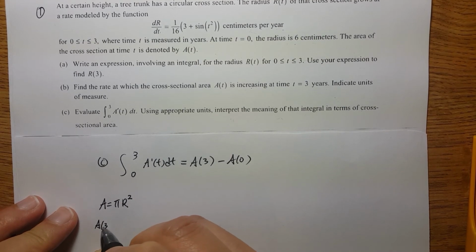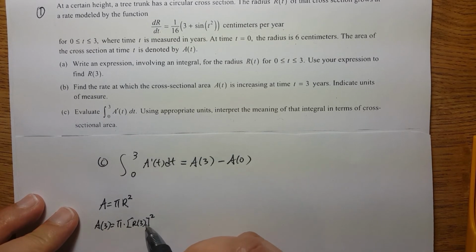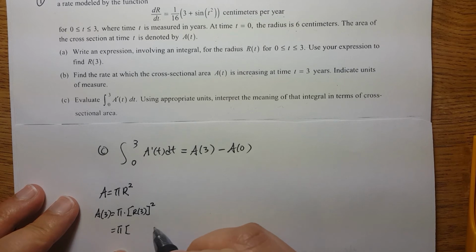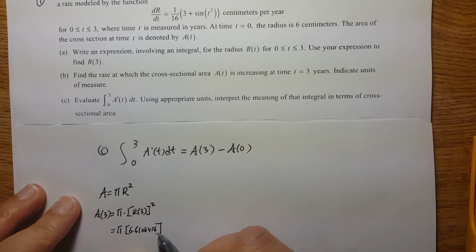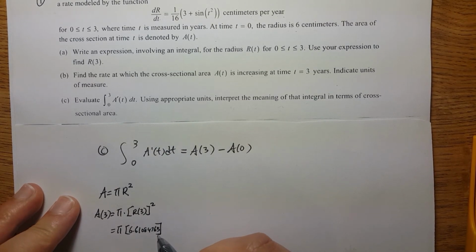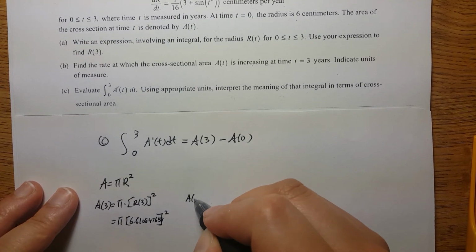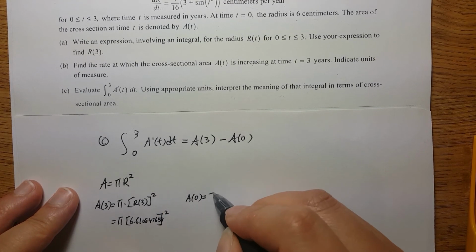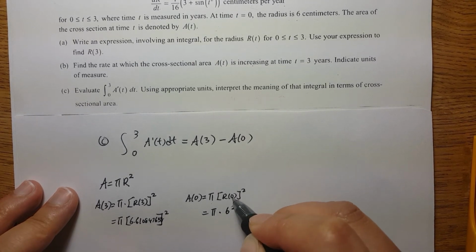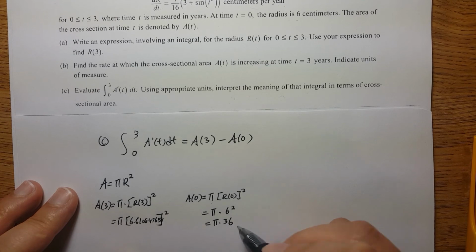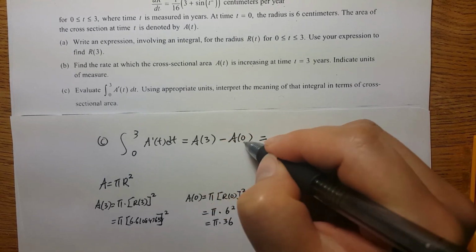So A of 3 equals pi times R(3) squared, and we know R(3). R(3) we found is a decimal. We also know how to find A(0). This is the same concept. So we do R(0) squared, where 6 equals R(0). Now we can type this into our calculator and subtract, and then we will get our A of 3 minus A of 0.